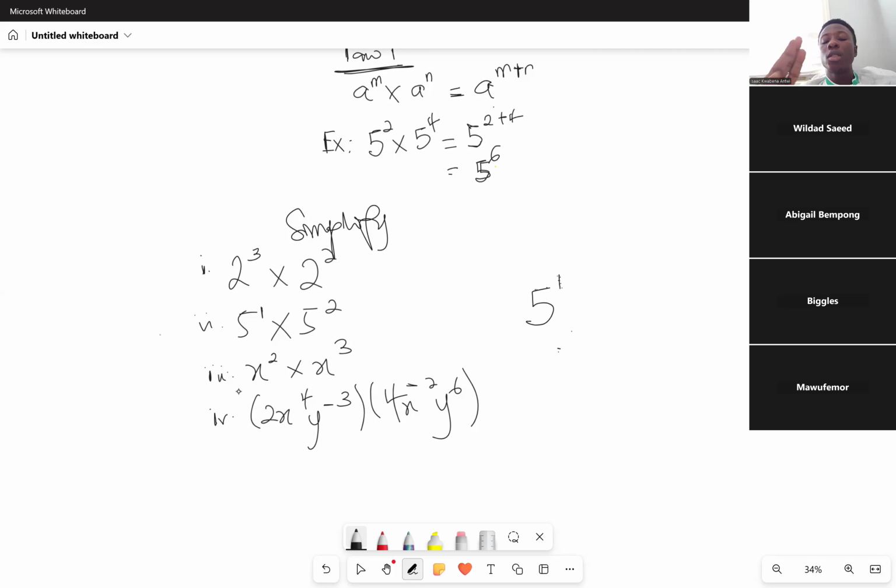Another thing, when you see two numbers joined together, it could be numbers or variables, and there is no operational sign in between, what do I mean by operational sign?